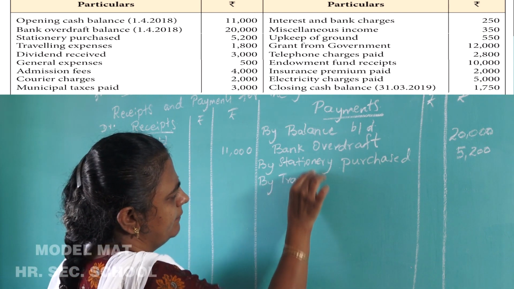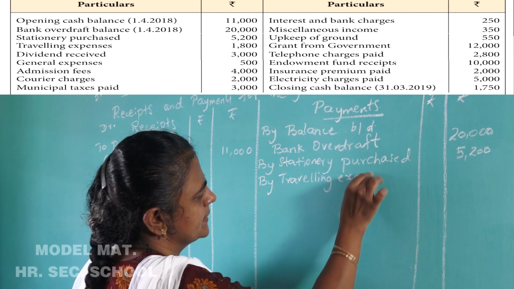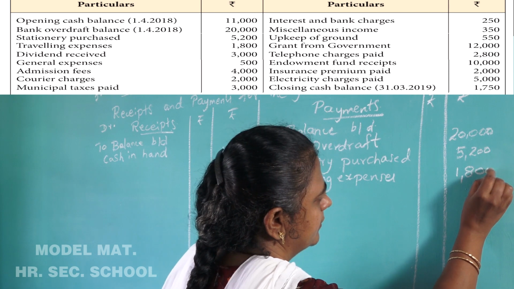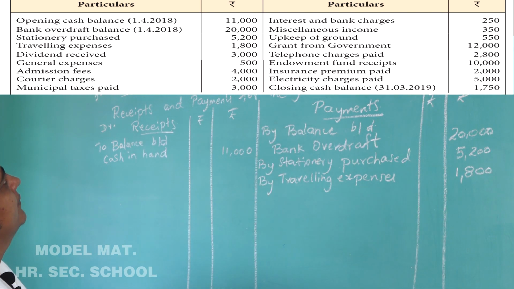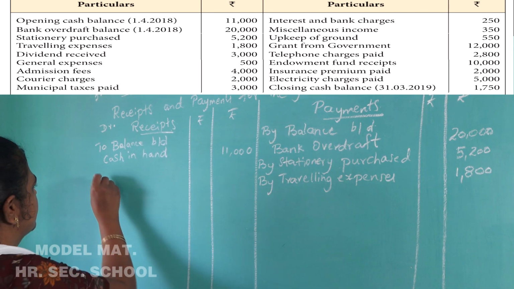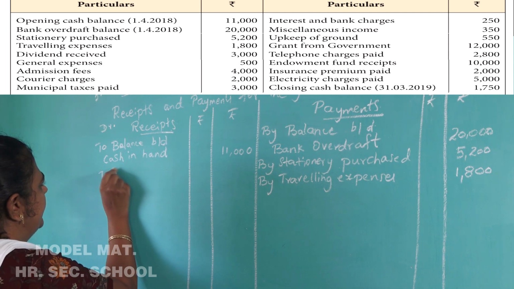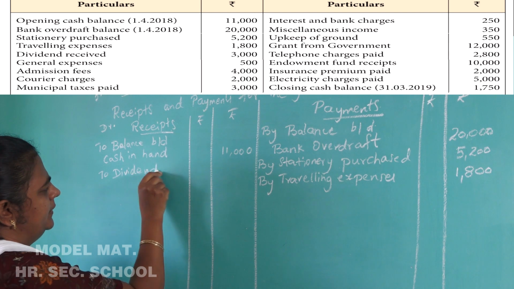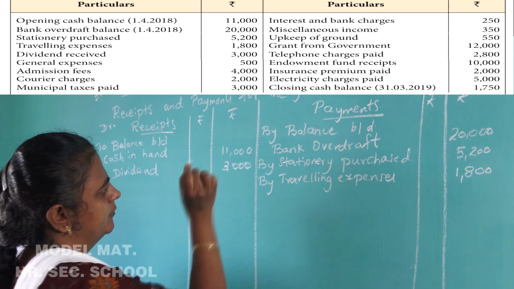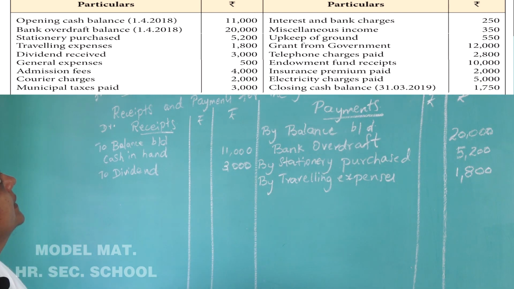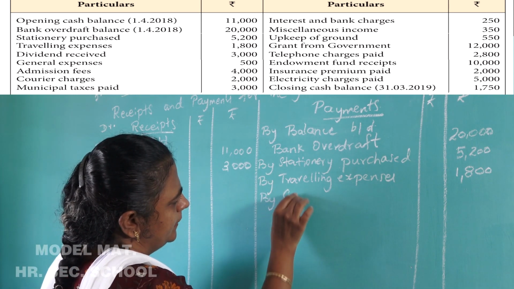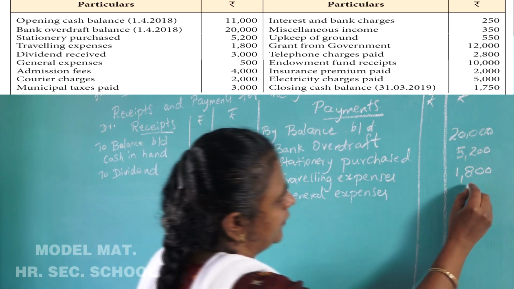By travelling expenses 1,800. Okay. Next is dividend received 3,000. Receipts, to dividend. Dividend is an income. Dividend 3,000. Okay. General expenses 500. You have to pay for it. So by general expenses 500.